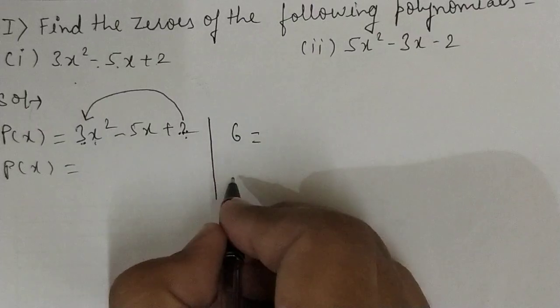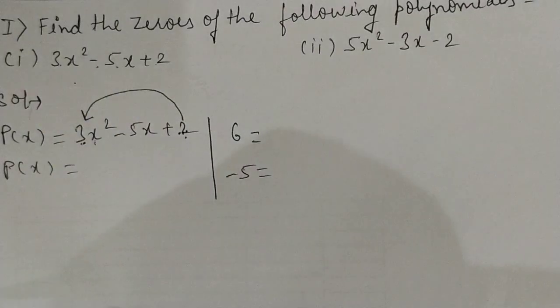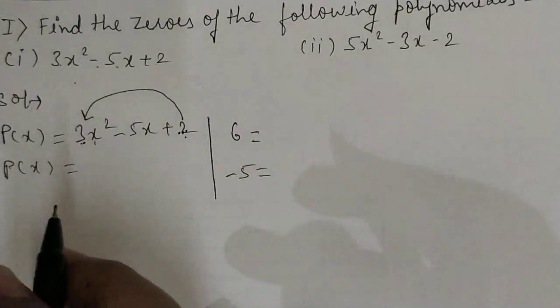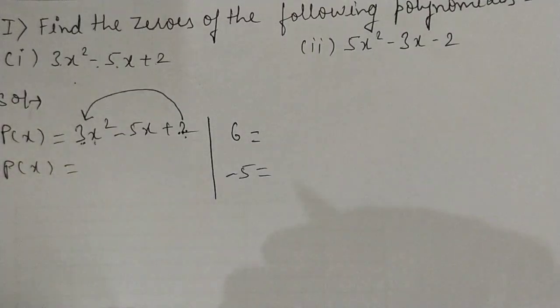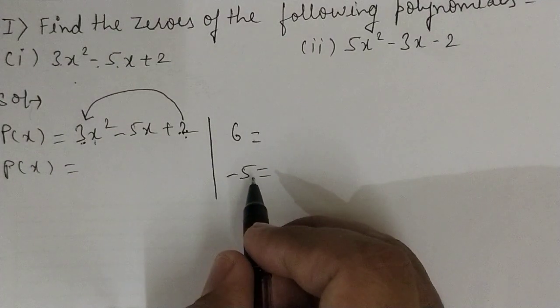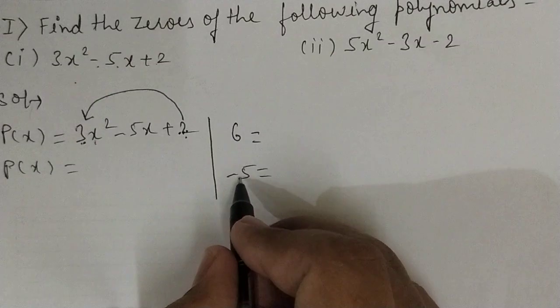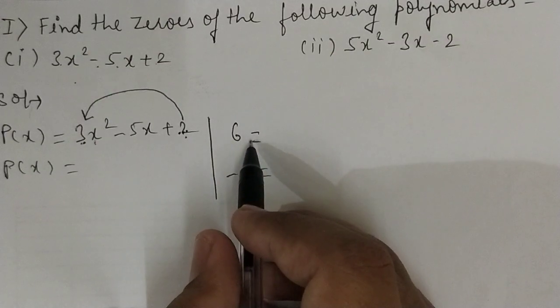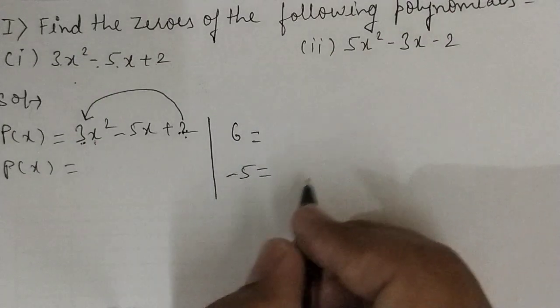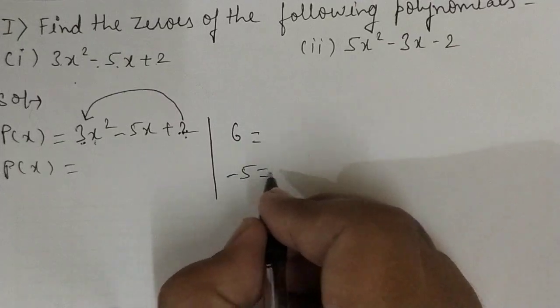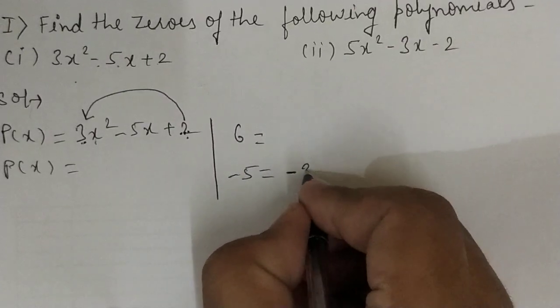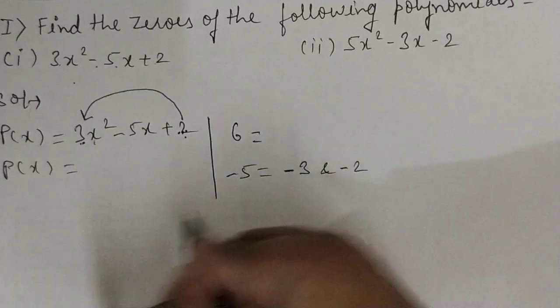And in the middle, minus 5 is there. So you have to take two numbers such that if you add the two numbers, the answer should be minus 5, and if you multiply the two numbers, the answer should be plus 6. You can take minus 3 and minus 2.